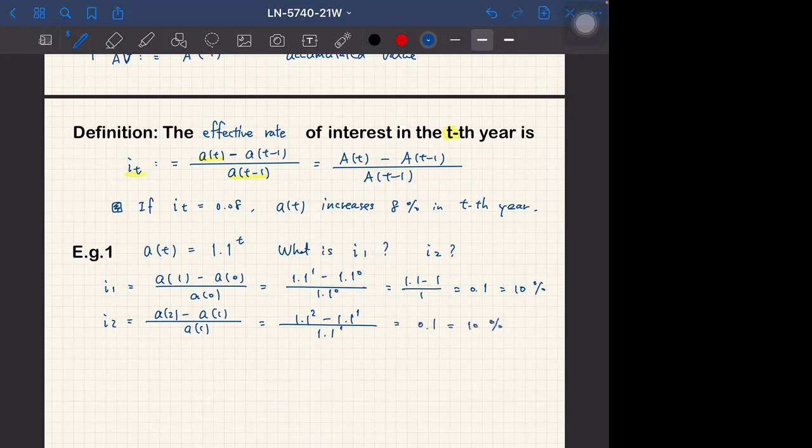So for this exponential function, I sub t is constant. If I sub t is constant, we only think about the case that t is an integer, and we write I is equal to I sub t.